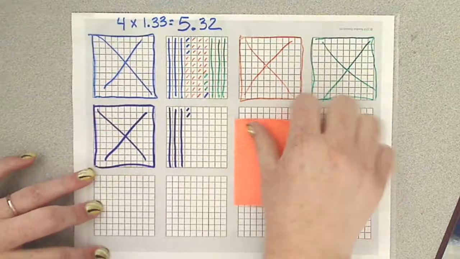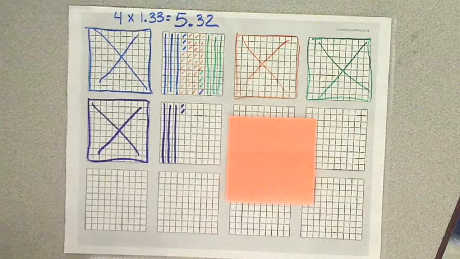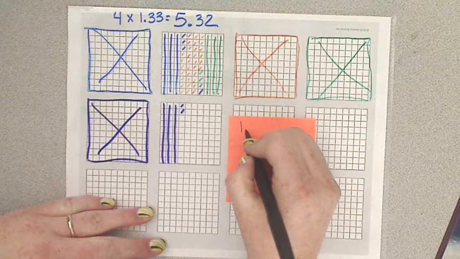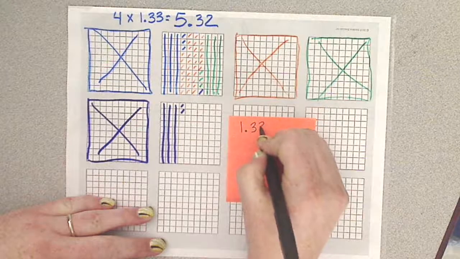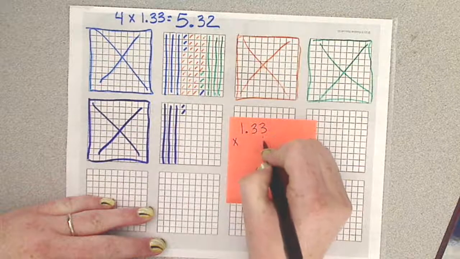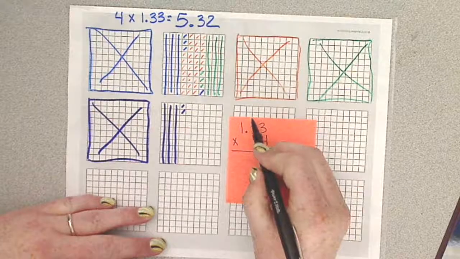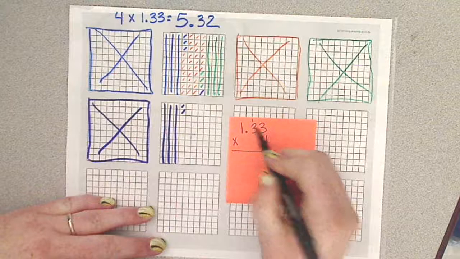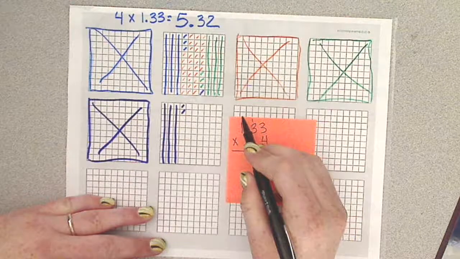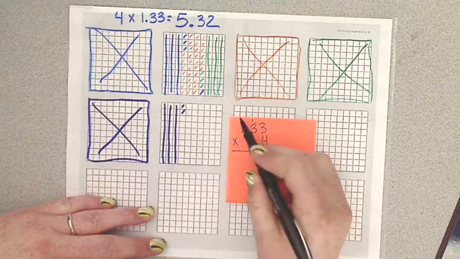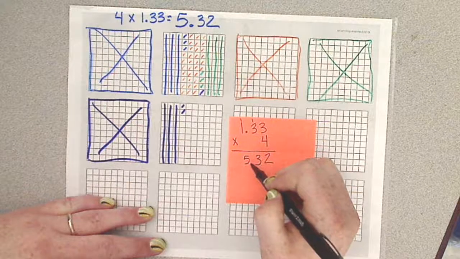Now let's look at the standard algorithm. 1 and 33 hundredths times 4. 3 times 4 is 12. 3 times 4 is 12, plus 1 is 13. 1 times 4 is 4, plus 1 is 5.